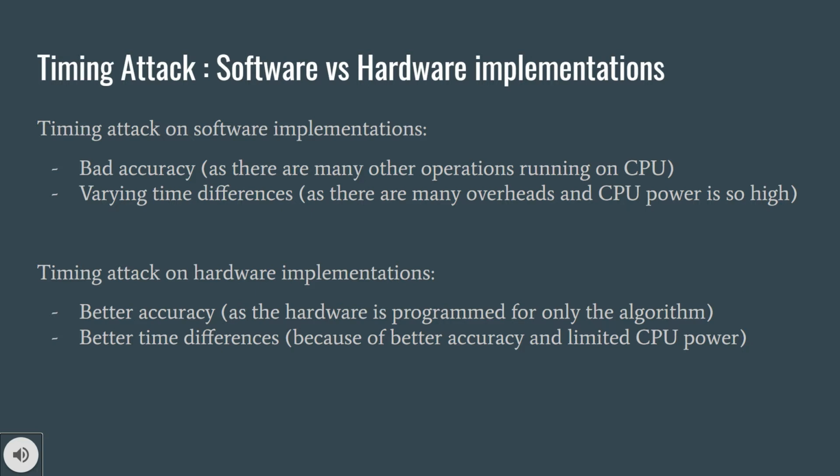But on hardware implementations, it gives us better accuracy because hardware is just programmed to perform the algorithm, and it gives us better time differences because of better accuracy and limited CPU power.